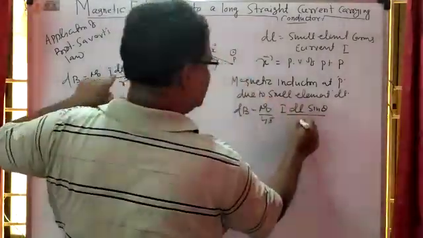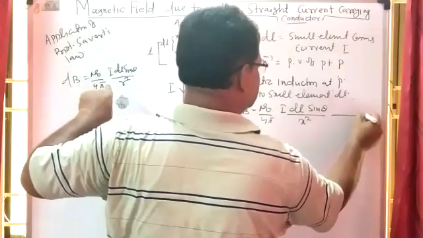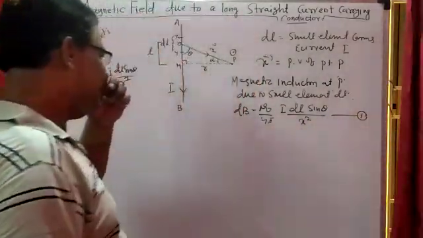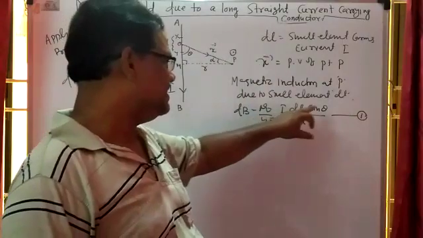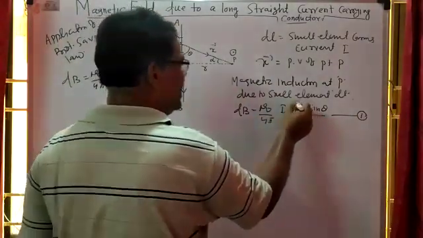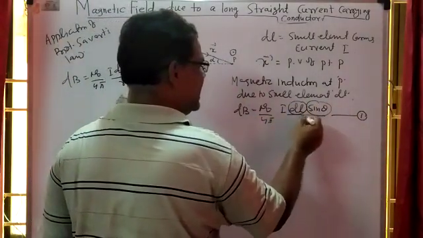Take this as equation number 1. Our target is to find dl, sin theta and x square.